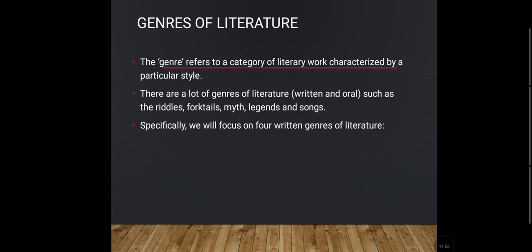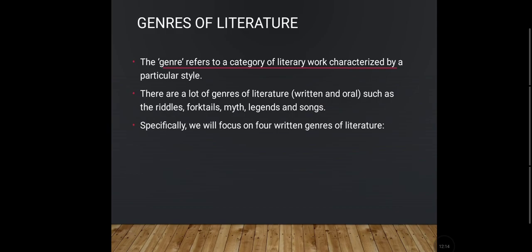We pick literary works of the same style and then categorize them. Those categories are known as genres. So we have written genres, oral genres, and so many kinds of genres in literature.